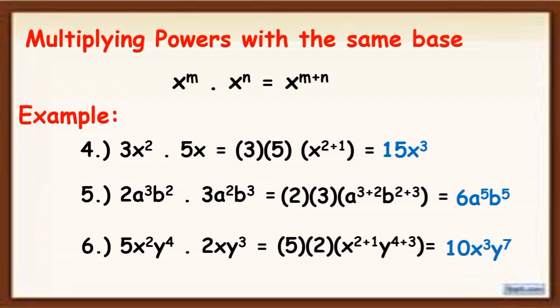Now, let's proceed to raising a power to a power. So, remember, for example, we have x raised to m, quantity raised to n. What you are going to do here is copy the base and multiply the exponent.